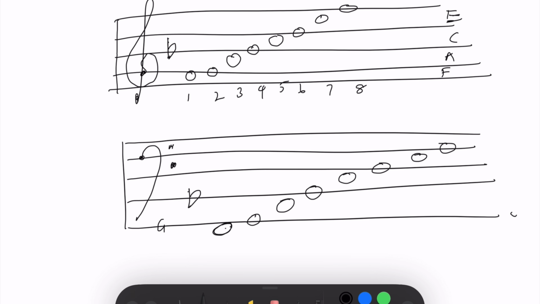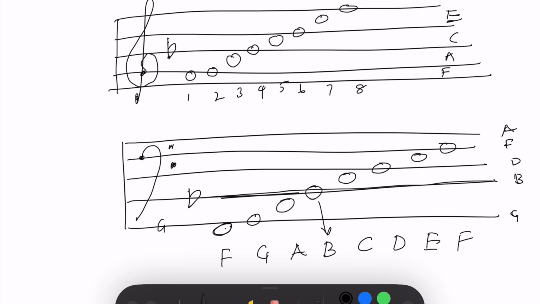Remember, good boy deserves Fanta always, the lines. So you can see that the fourth line is F, and that's where our 8th note should end. It starts from F and it ends on F. In this case, we have F, G, A, B, C, D, E, F. However, you can see that the note B is already flattened on this line, and so we should have B flat in this case.